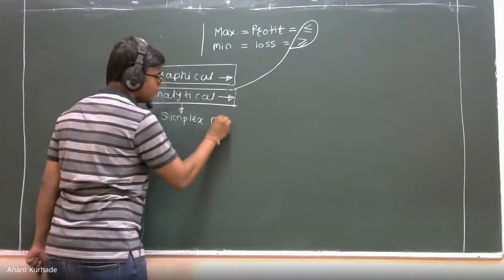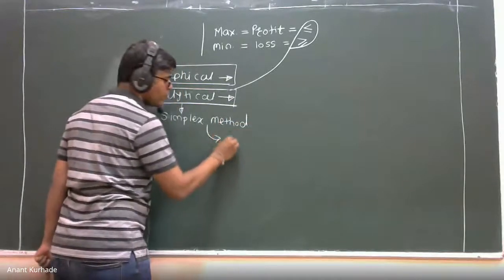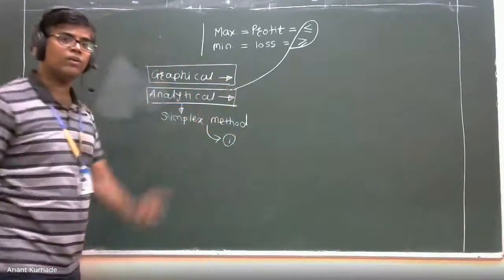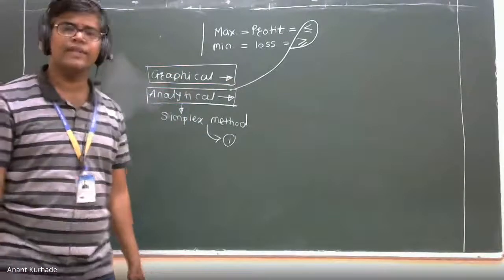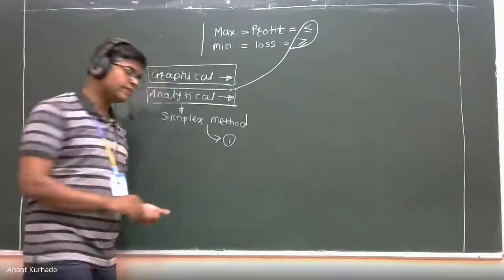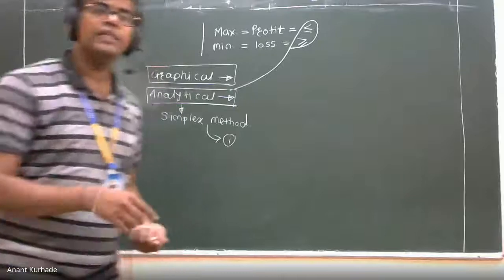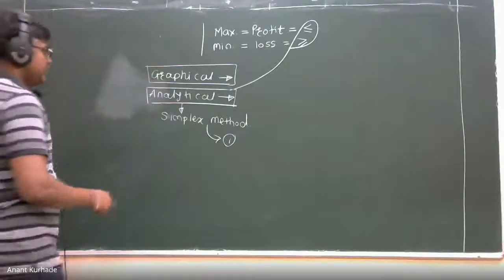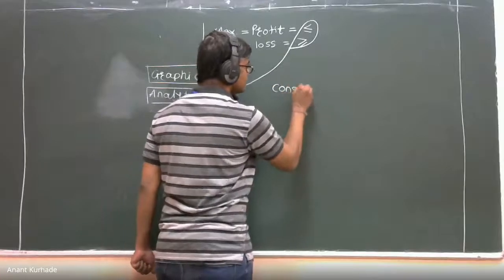Here we have to remember only one formula, and for graphical it is not required. It is very simple. So optimization has 2 types: one is constrained and one is unconstrained optimization.